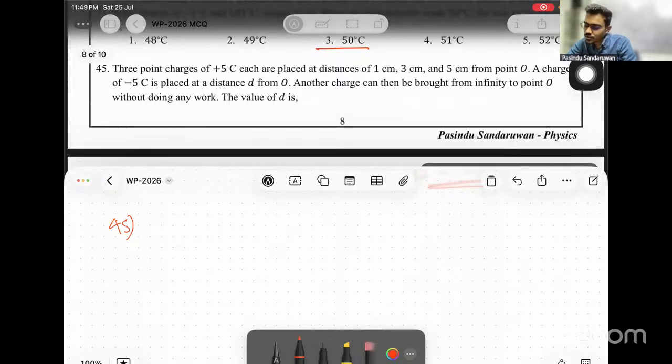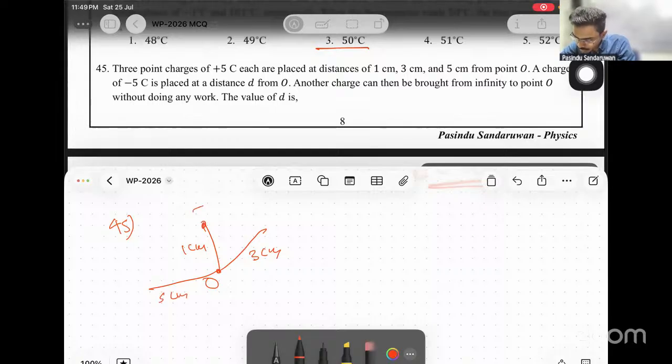3-point charges of plus 5 coulombs each are placed at distances 1 centimeter, 3 and 5 centimeters from point O. If this is point O, these charges are placed 1 centimeter, 3 centimeters and 5 centimeters away, and they are 5 coulombs each, plus 5, plus 5, plus 5.